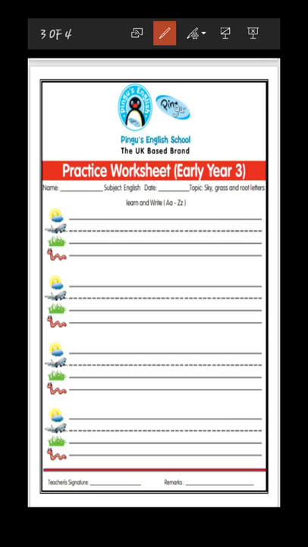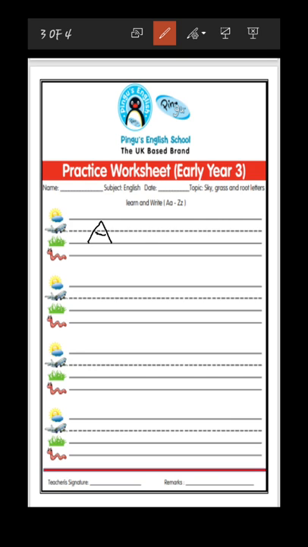First you have to write the uppercase letter like this. A. Now earlier 3, after writing uppercase letter, what you have to do? Now you have to see whether the lowercase letter is a grass letter, sky letter or root letter. Now let's see the lowercase letter of letter A. That means a.